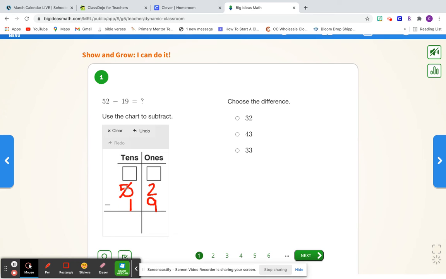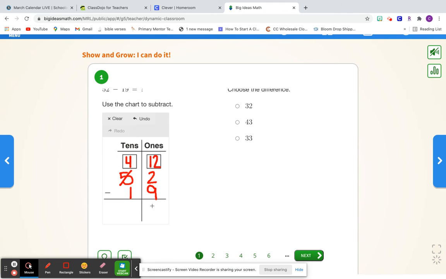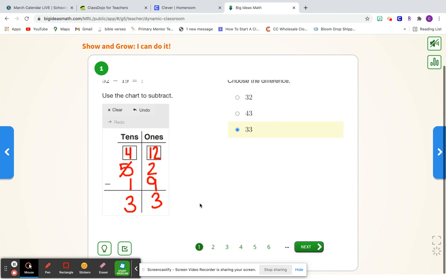We have to regroup. So if we take away 1 ten, that gives us 4. And if we put that 10 into ones, we have 10 plus 2 ones, so that's 12. 12 minus 9 is 3, and 4 minus 1 is 3. So our answer is 33.